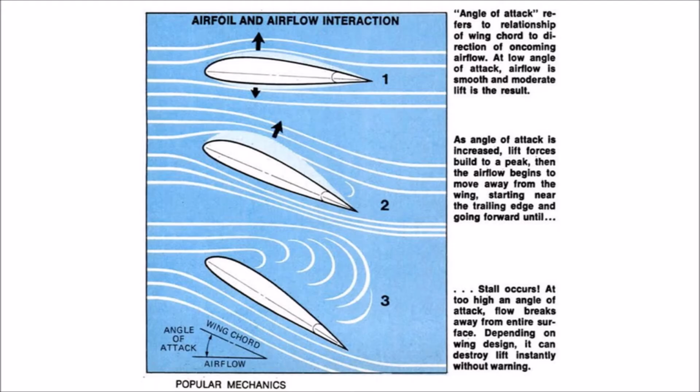In fluid dynamics, a stall is a reduction in the lift coefficient generated by a foil as angle of attack increases. This occurs when the critical angle of attack of the foil is exceeded. The critical angle of attack is typically about 15 to 20 degrees, but it may vary significantly depending on the fluid and the airfoil.